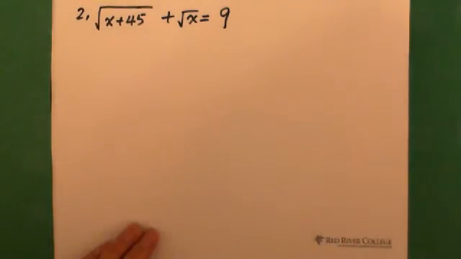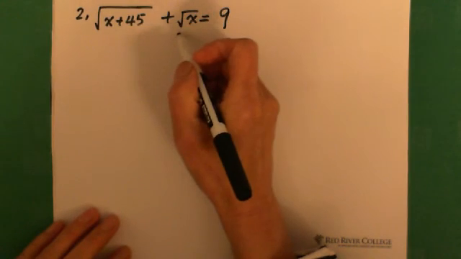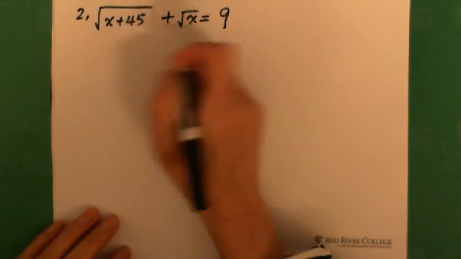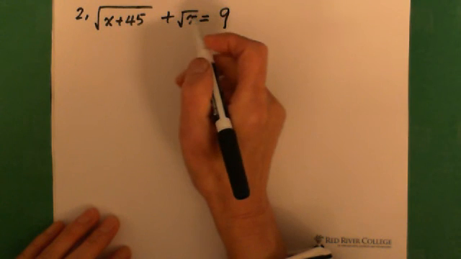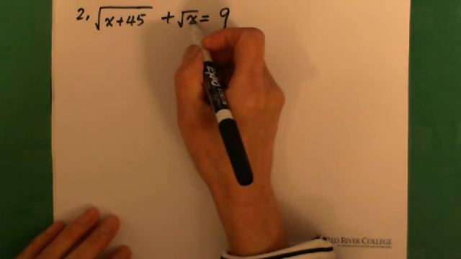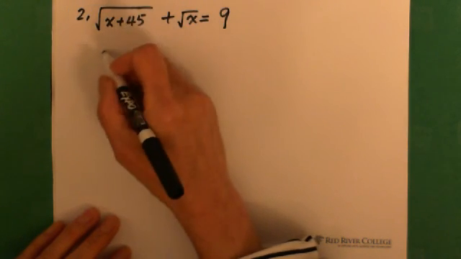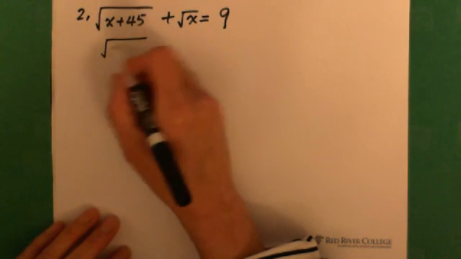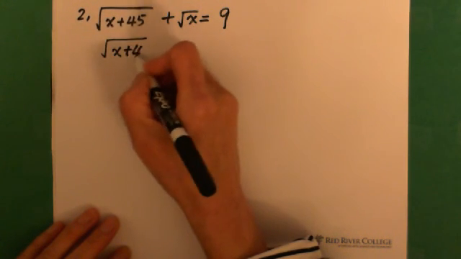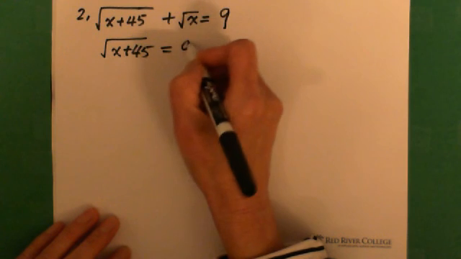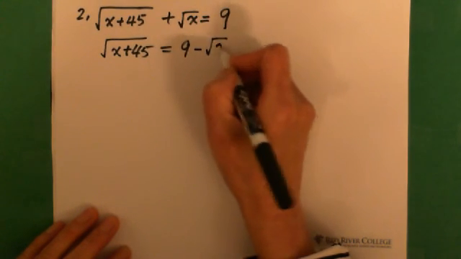Now we have a number, so we also need to separate the radicals. We separate this one from that one, so we can write square root of x plus 45 equals 9 minus square root of x, right?